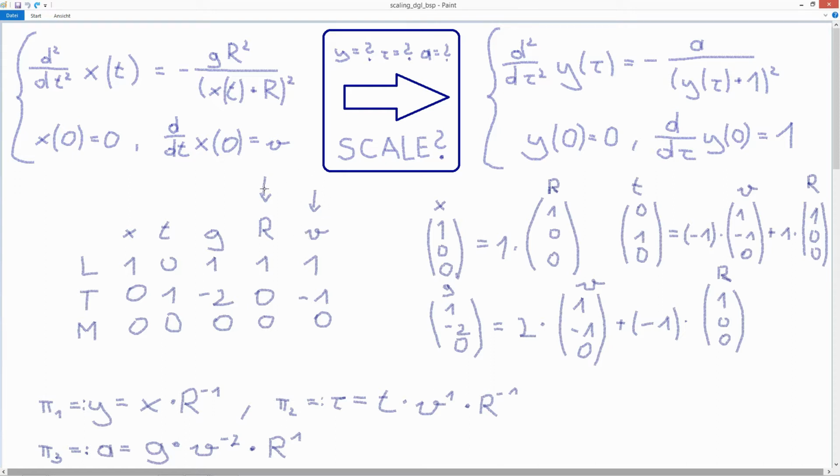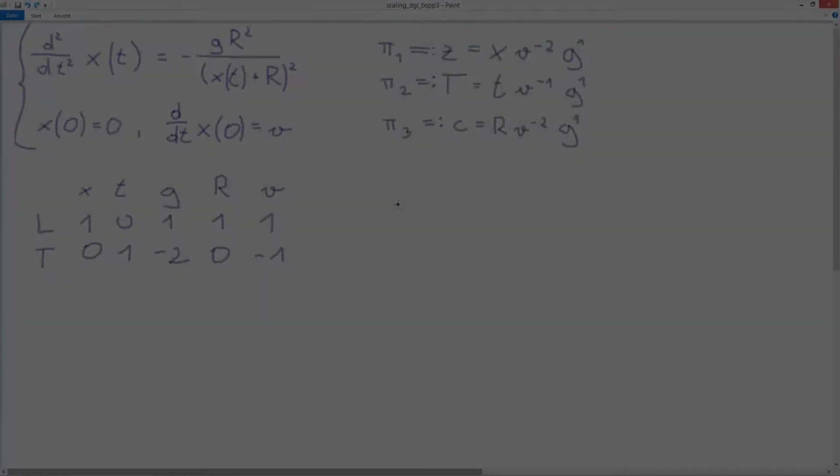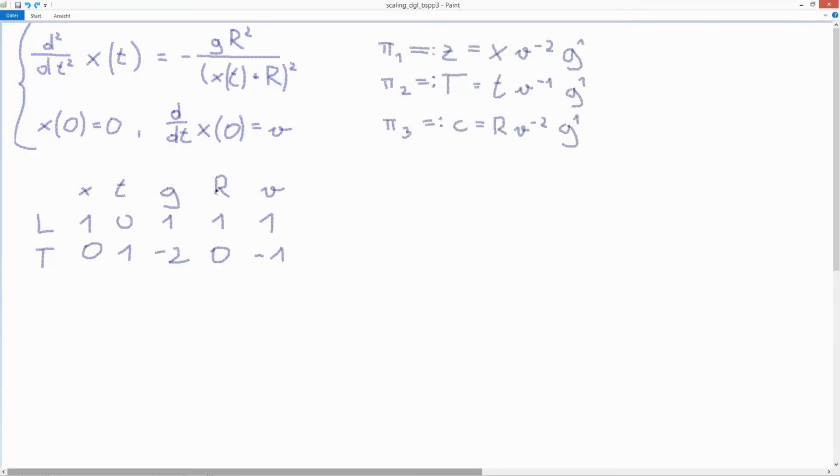So instead of picking these two linear independent columns, we can, for example, pick these two columns, or these two columns. Let's try it out. So instead of these two columns, we can, for example, choose these ones.